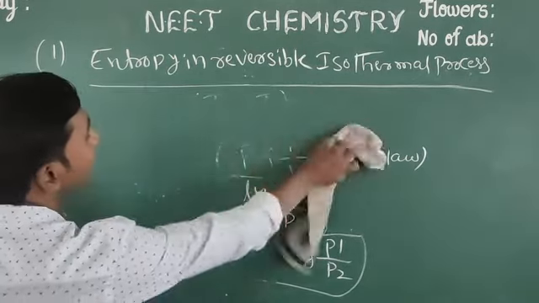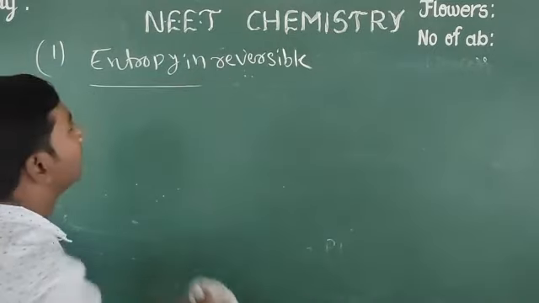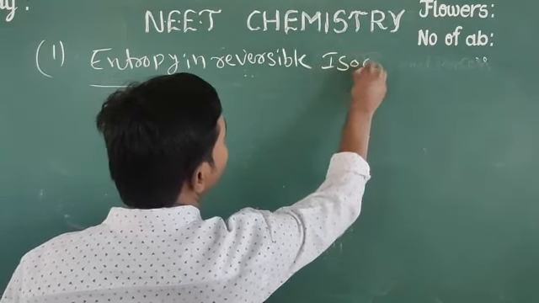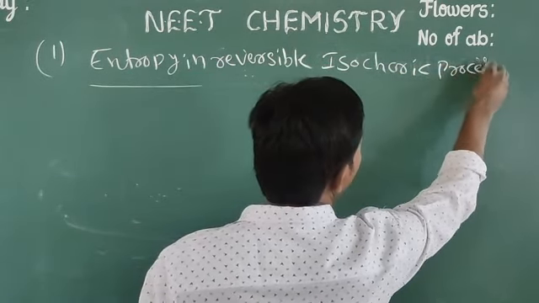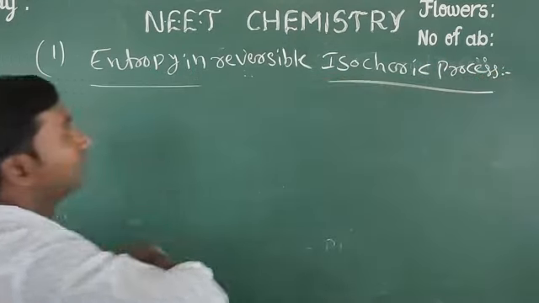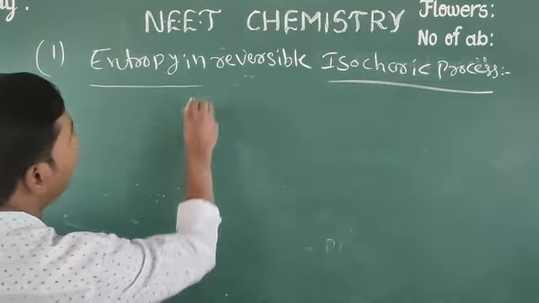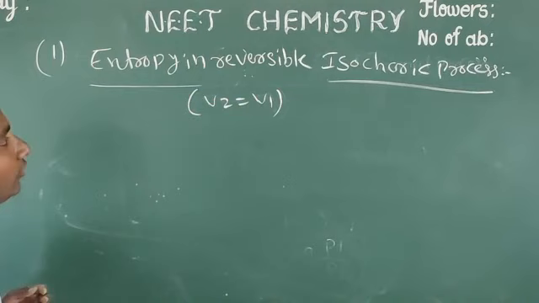Next, entropy in a reversible isochoric process. Isochoric process means V2 equals V1; volume remains constant.